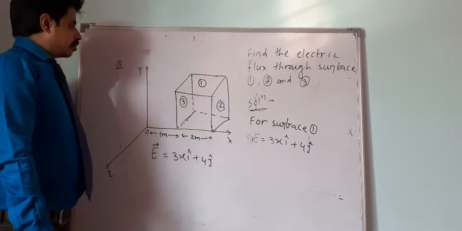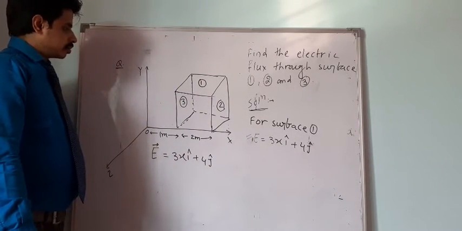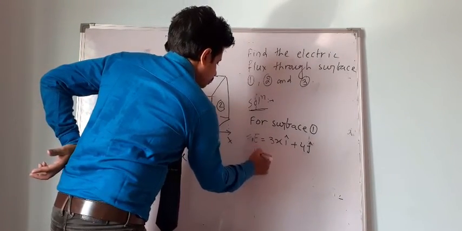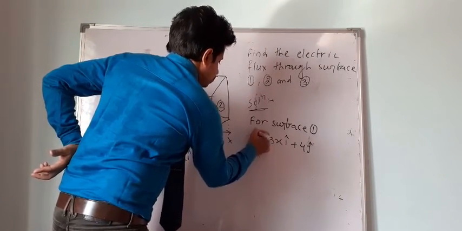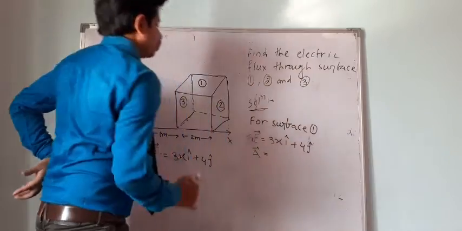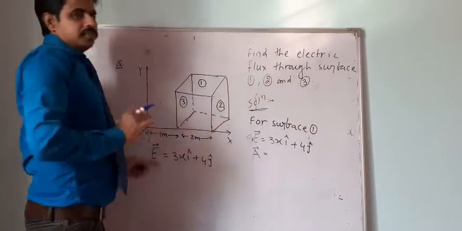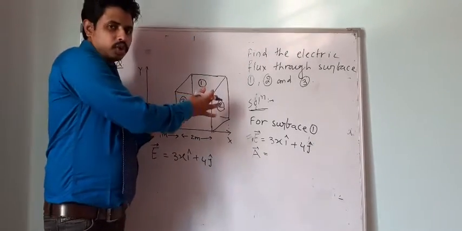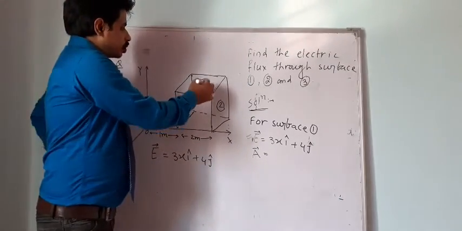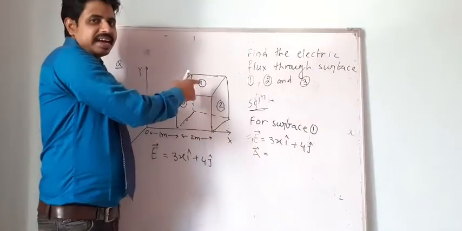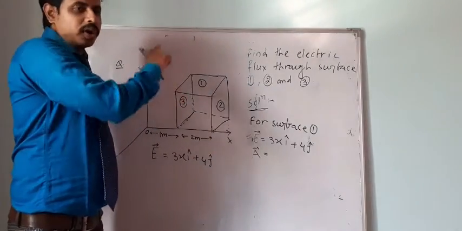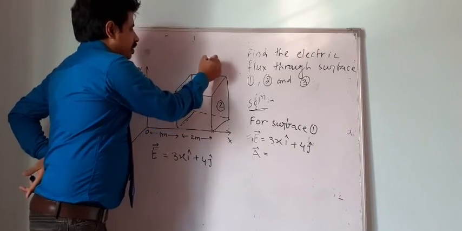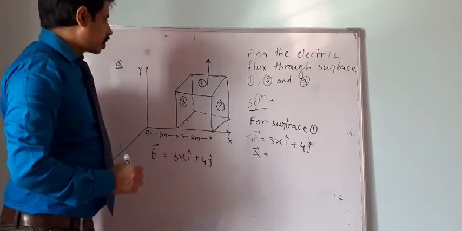And now what about the area vector A? We have discussed in the last video that this is a closed surface, a closed cube. So the surface vector has the direction of outward normal. So if I draw this outward normal, it must be in this direction.